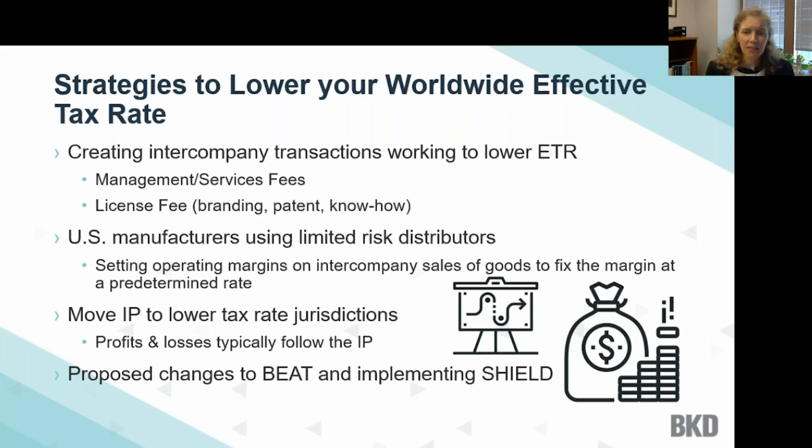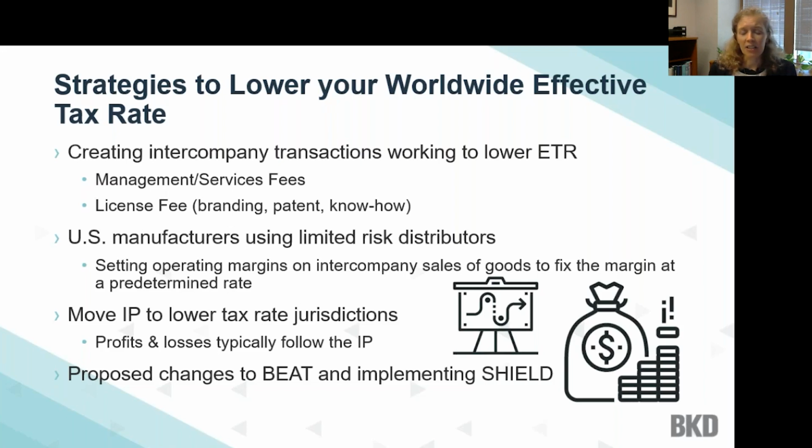And this idea of SHIELD relates to global minimum taxation, which you've probably also heard about in the news on occasion. The US, with the current administration, has really backed the idea of a global minimum tax. The idea of SHIELD is to disallow deductions associated with lower tax jurisdictions.